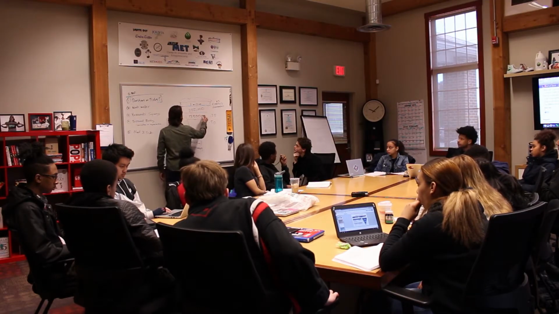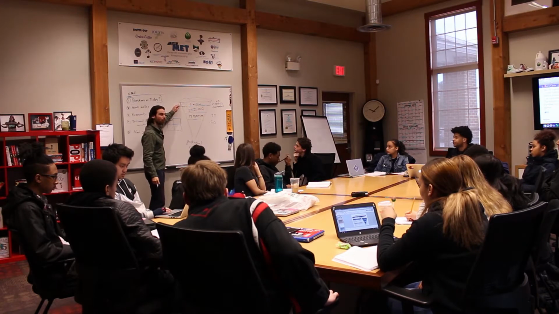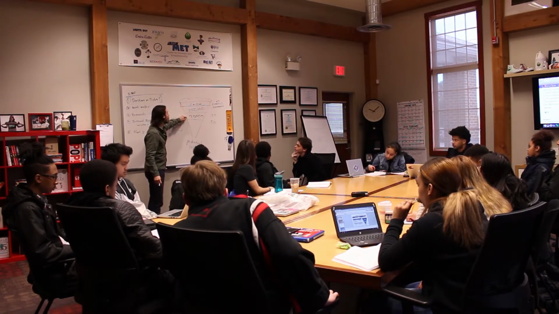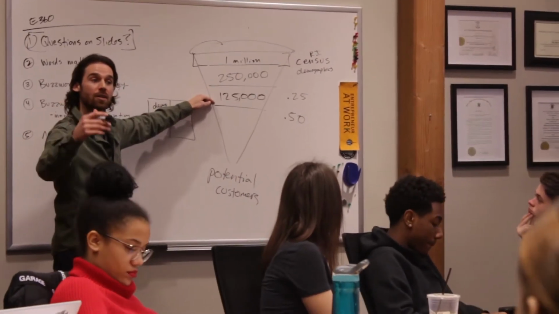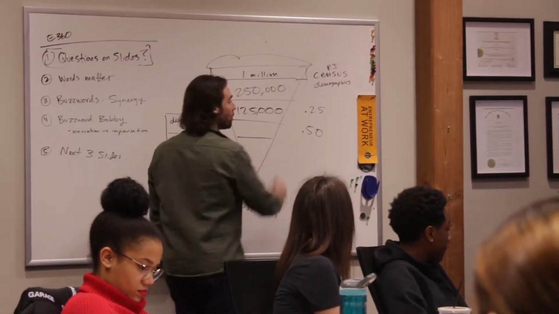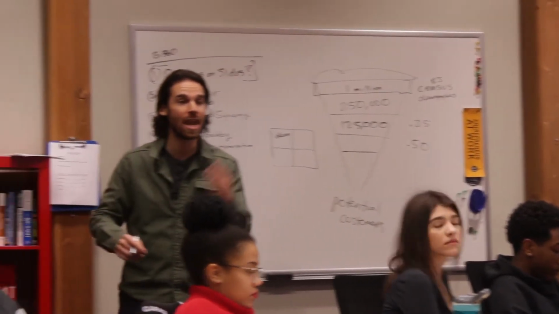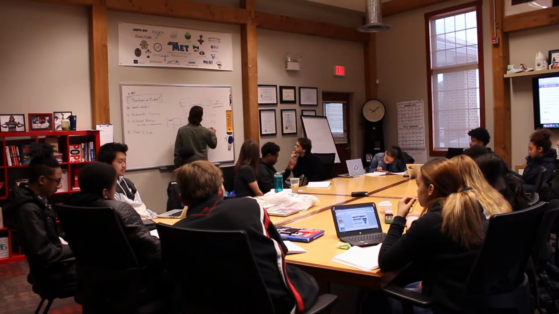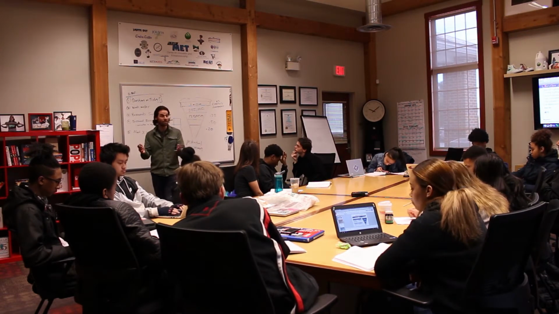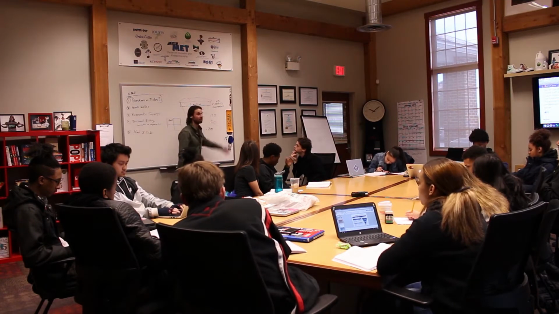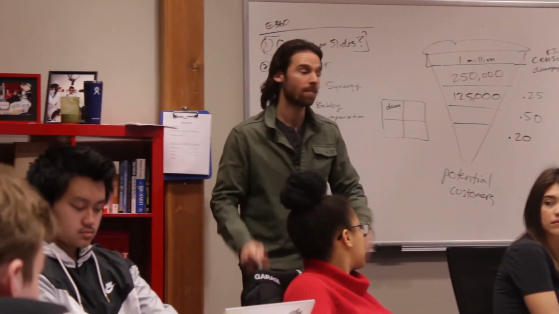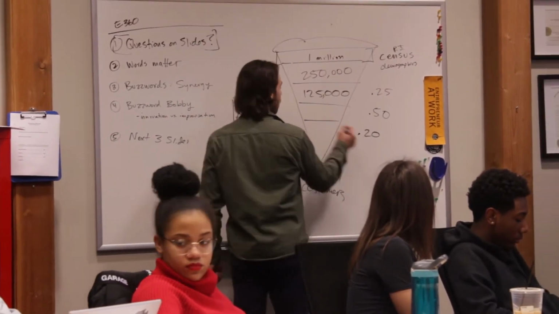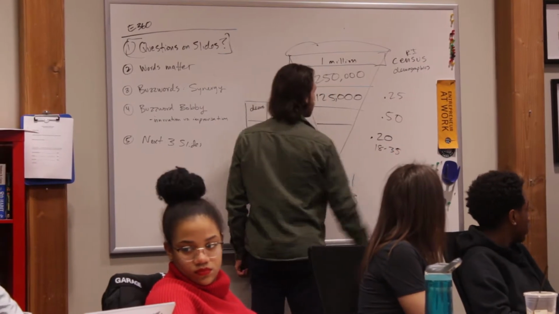So now what we have in this funnel, we've got 1 million people in Rhode Island. Then we come down to 250,000 people who are Latino. We've got 125,000 Latina women. And then we look at the census and we say, we're targeting people ages 18 to 35. And 20%, and this is in the census data, Rhode Island Census demographics, it's all listed right there, 20% are between the ages of 18 to 35.